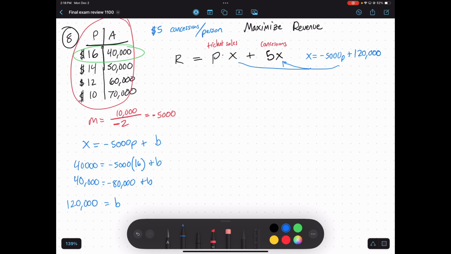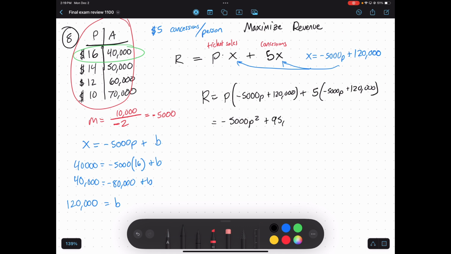Plug that in wherever I see an X. Okay, so that gives me this revenue equation: revenue is equal to P times negative 5,000 P plus 120,000, plus 5 times negative 5,000 P plus 120,000. Simplify that a little bit, and you get negative 5,000 P squared plus 95,000 P plus 600,000.